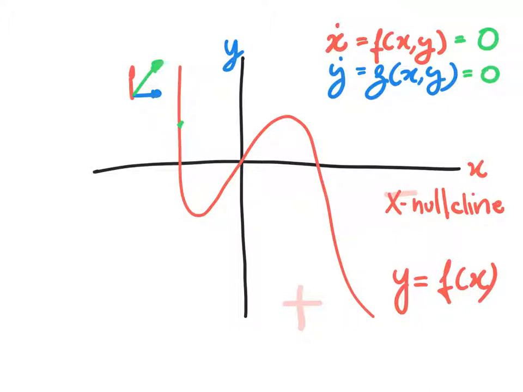So that means that our particle subjected to this field with this x component will move in the positive direction of x when it's under the curve, and in the negative direction of x when it's over the curve. I hope that this makes sense to you.